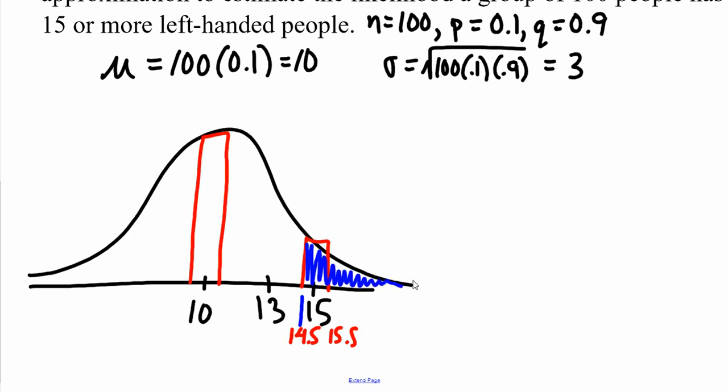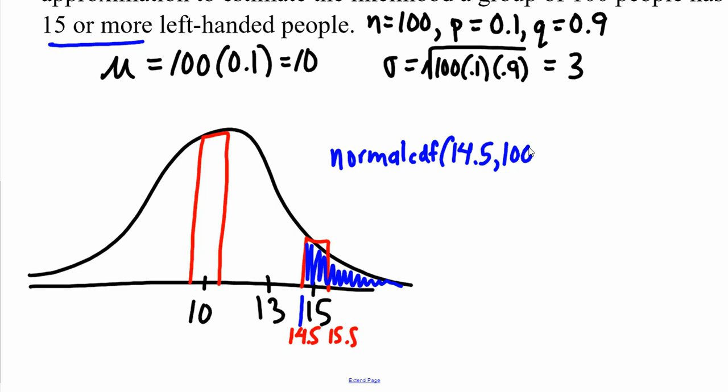And this is what we call the continuity correction. If I want to get all of 15, I need to do 14.5 or larger, and then I can do a normal CDF. My lowest value is 14.5, all the way up to technically 100.